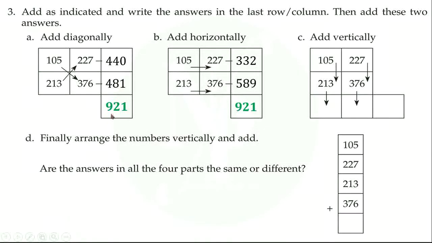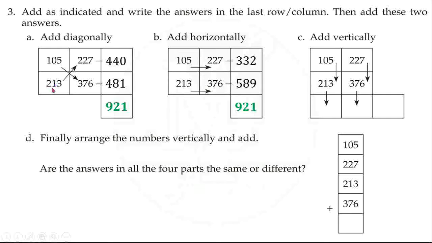Here also we have 921. Now if you observe the other numbers, observe the given numbers. Here is 105 in the first box. What do you have in B here? Same 105. What you have in second box here? 227. What you have here? Same 227.